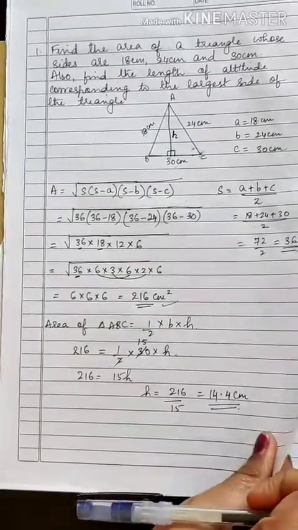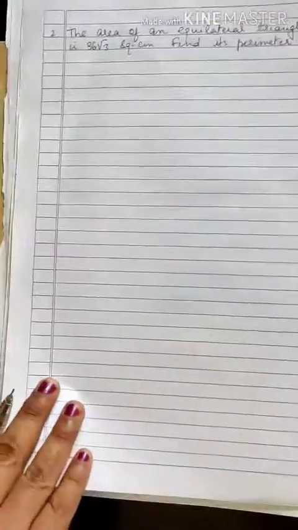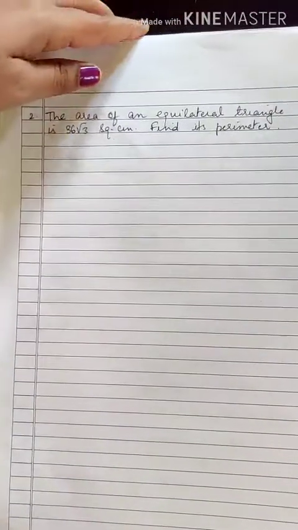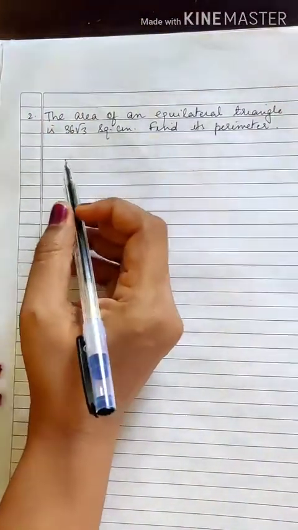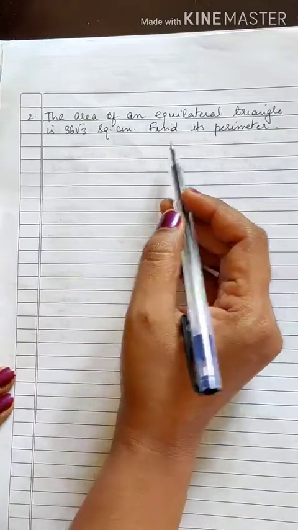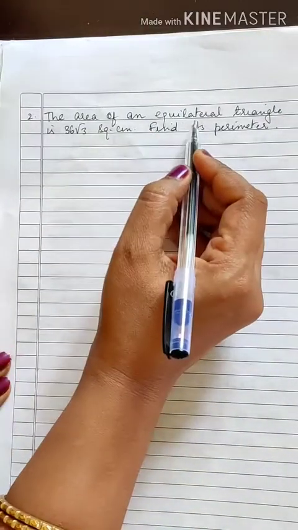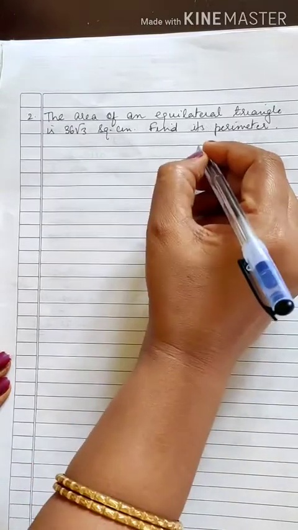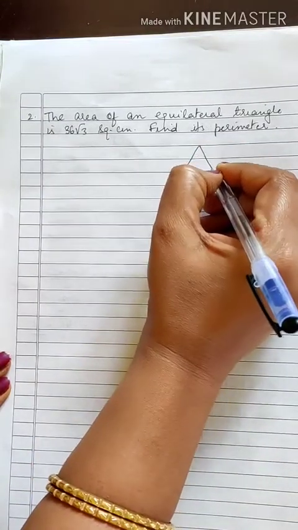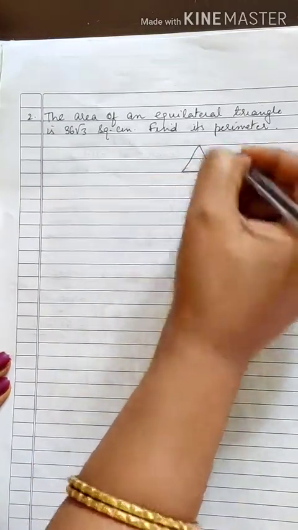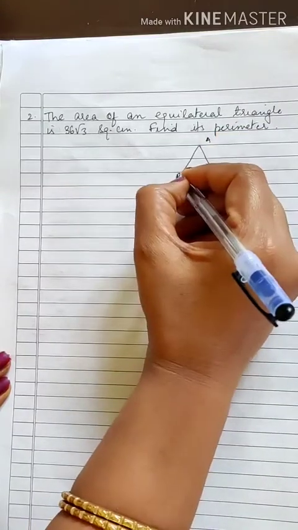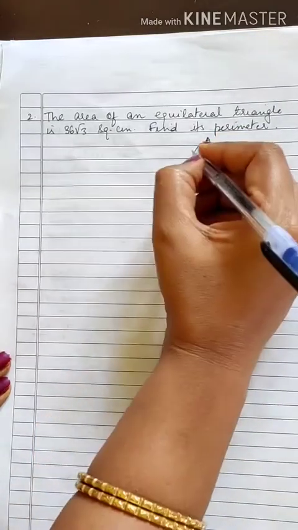Now moving on to the next sum. The area of an equilateral triangle is 36 root 3 square centimeter. Find its perimeter. So here you have an equilateral triangle. If you have to find the perimeter of the equilateral triangle, you have to first find its side.